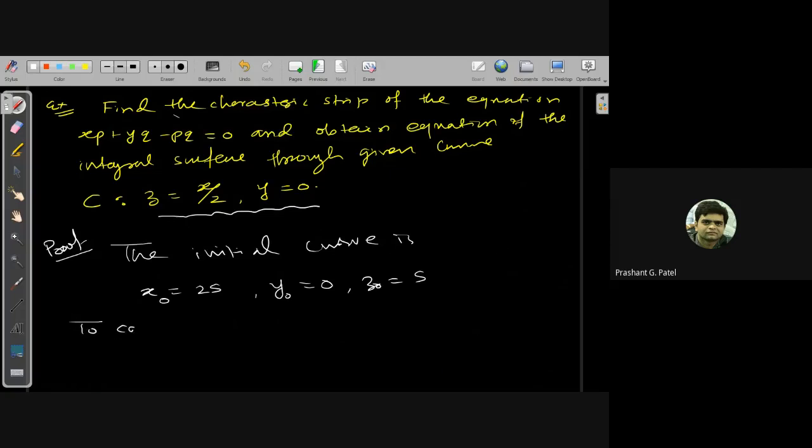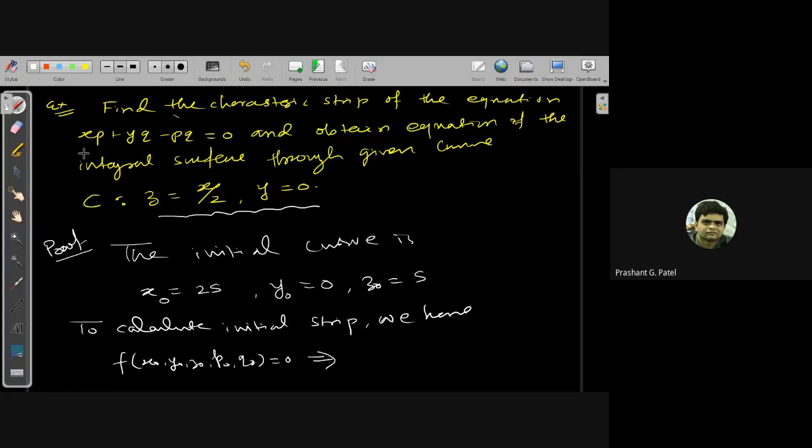To calculate the initial strip, we have two equations. The first one is f of x0, y0, z0, p0, q0 equal to 0. That implies, what is the function f?